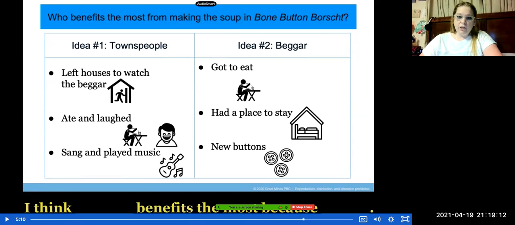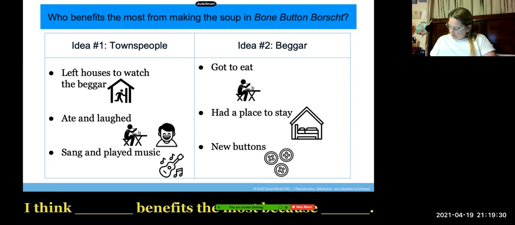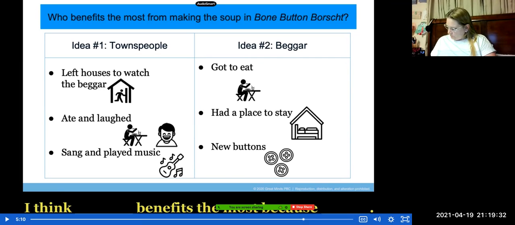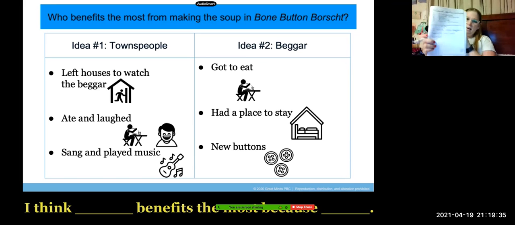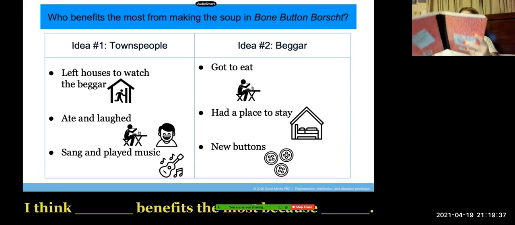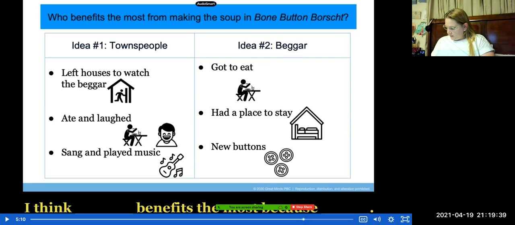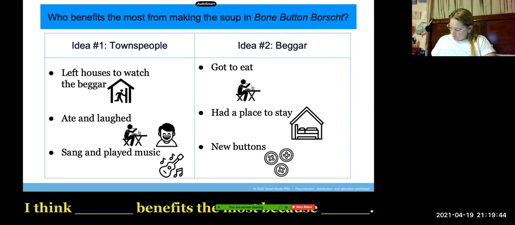And really take a look at the evidence that we have in this chart. So if I were to do mine, I'm going to say, I think the beggar, that one's out of ink. So I'm going to say, I think the beggar benefits the most because he gets his wish.